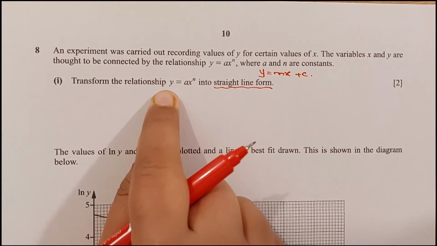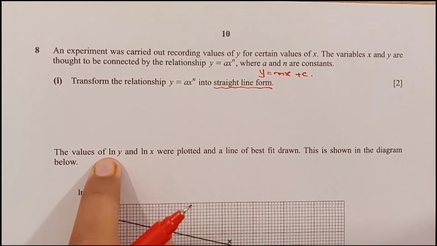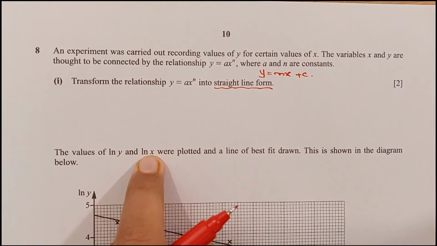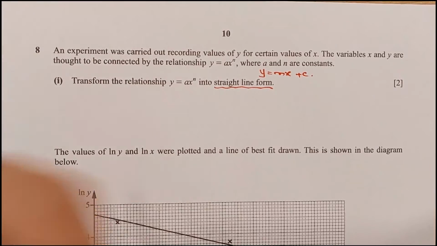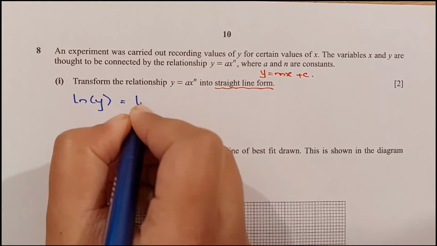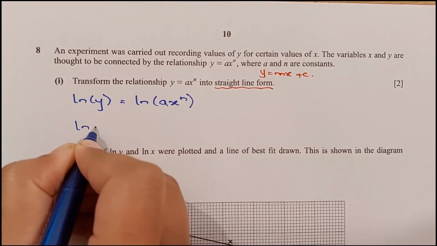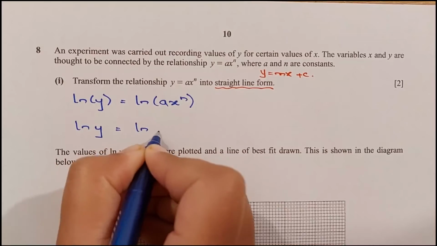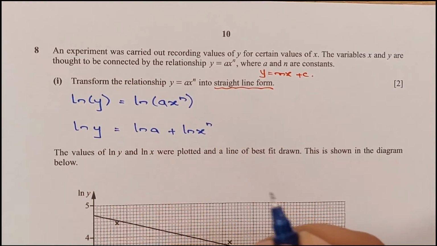So we can take a natural log or common log on both sides. But as you can see, natural log of y and natural log of x are connected. So we have to use natural log on both sides, right? Let me apply natural log on both sides. Ln of y equals ln of a x exponent n. This is ln of y equals ln of a plus ln of x exponent n.